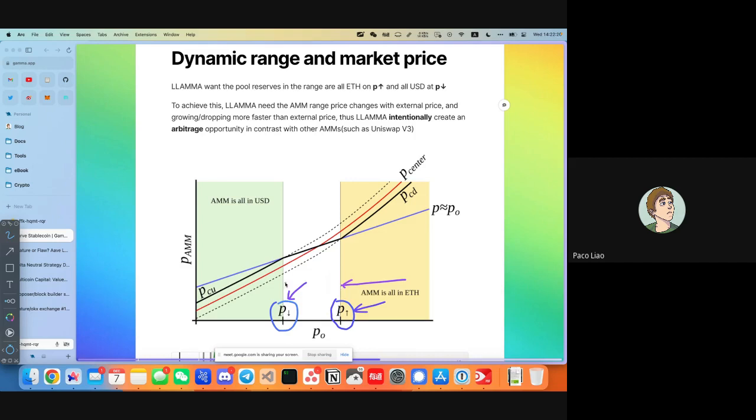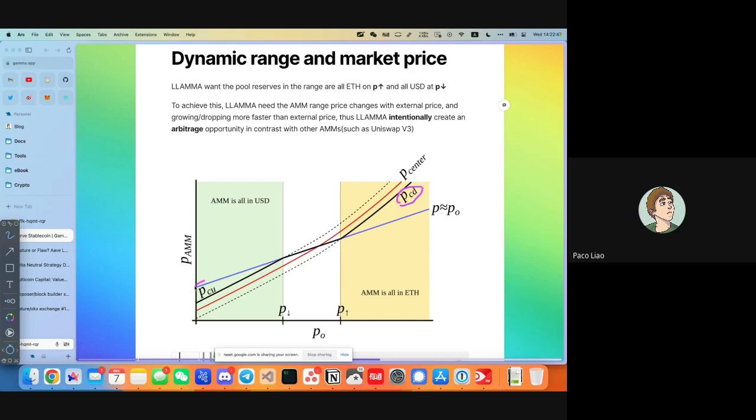All your collateral will be converted to USD. And if the price goes up to P up, all the USD will be converted back to ETH. The difference is that this PCD means current down price, the lower price of this range.